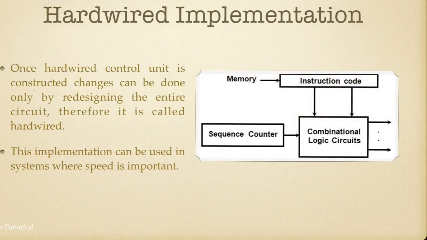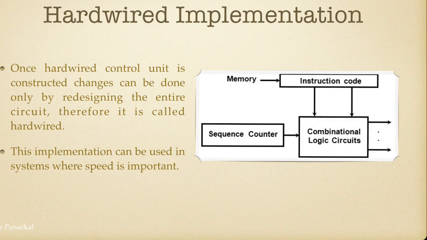Now let's check whether the hardware implementation is good or not. Once the hardware control unit is constructed, changes can be done only by redesigning the entire circuit. Therefore, it is called hardwired. So if we want to change something, it is very difficult to do, and it will be expensive.